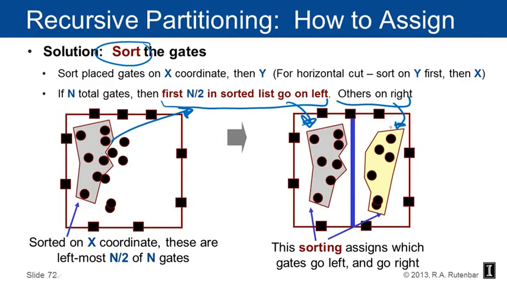And you have now taken the initial quadratic placement and used the results of that placement, the x and y coordinates, to do the assignment problem. Which gates go on the left? Answer, the half of them that are the most on the left. It sounds simple, but it's what works. The leftmost half of the gates go on the left. The rightmost half of the gates go on the right.